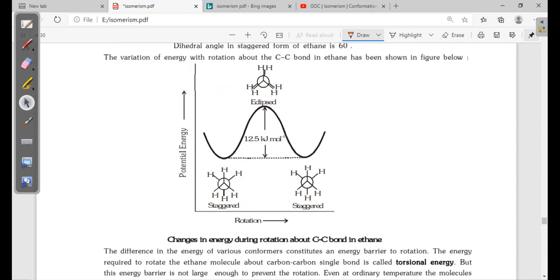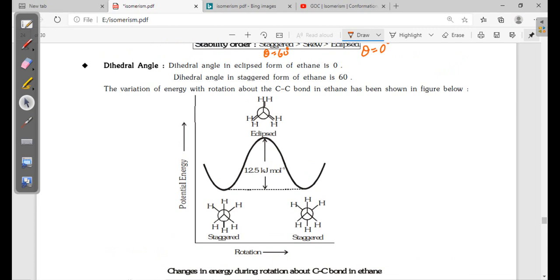See here, one sigma bond, a CH bond, is there, and on the back side another CH bond. The front CH bond has exactly behind it another CH bond. So these two sigma bond electron pairs have negative charge.